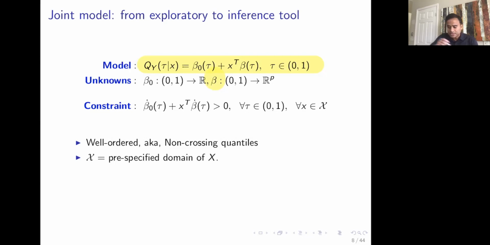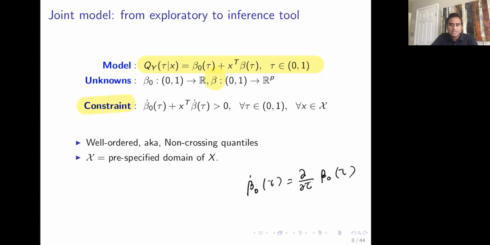But this is not a model yet for quantiles until you have put down this constraint that your quantile planes are well ordered. I've written this slightly differently here in this dot notation: beta dot 0 tau is the derivative of beta 0 tau with respect to tau. So I'm going to use the dot notation to denote derivatives.